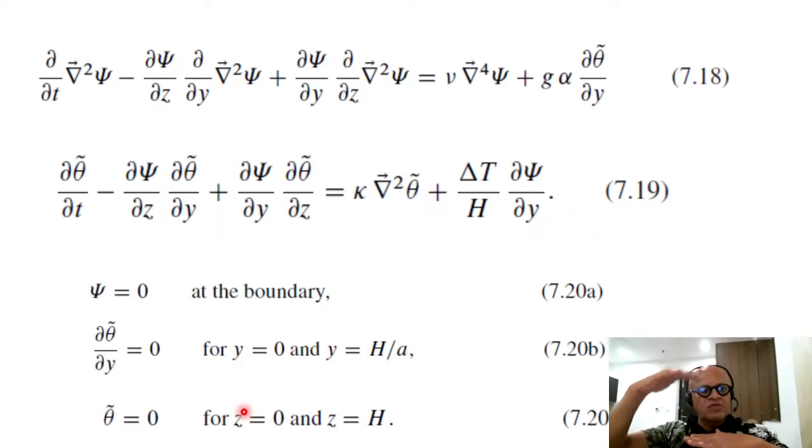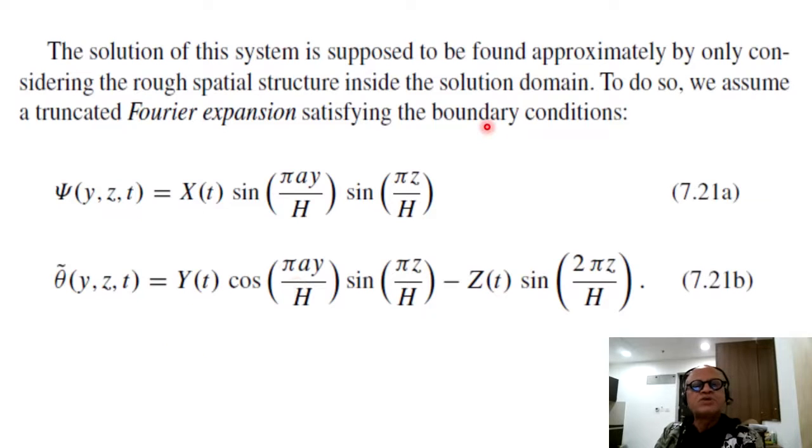So we've got all the equations we need with all the boundary conditions we need, and the solution of this system is supposed to be found approximately by only considering the rough spatial structure inside the solution domain. To do so, we assume a truncated Fourier expansion satisfying the boundary conditions.